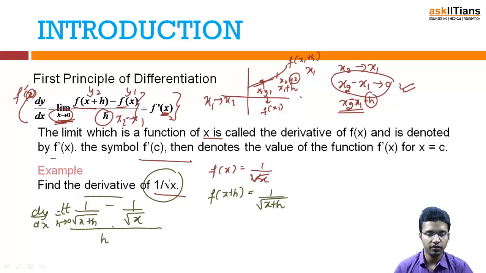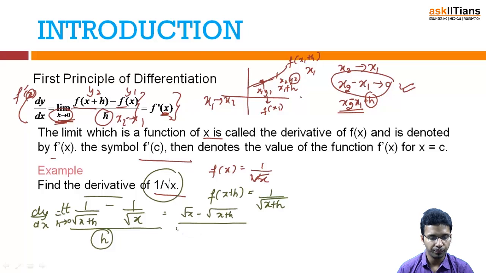Obviously the main thing we are dealing with here is that we need to remove this h, because right now if I put h as 0, it becomes 1 by 0, that is infinity. So we just need to simplify the expression. This will become root x minus root x plus h over h into root x into root x plus h.